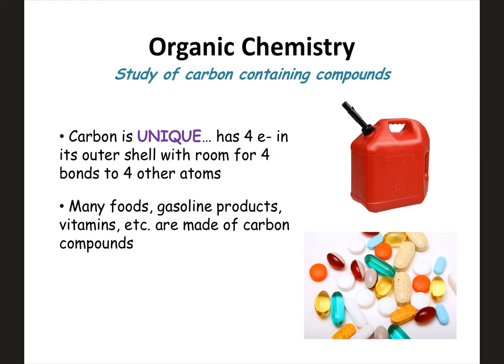You need to realize that many foods, gasoline products, vitamins, and so on are made from these carbon-containing compounds. So organic chemistry applies to a lot of areas here. Right? Anytime we're looking at these carbon compounds, we're going to be doing organic chemistry.